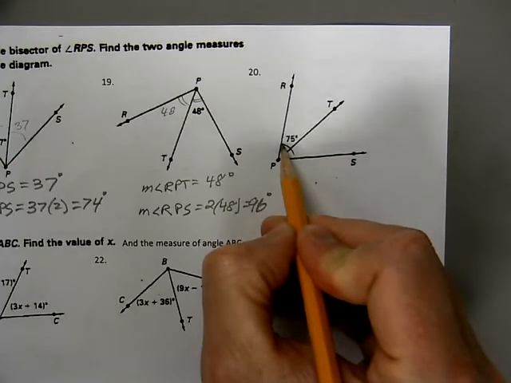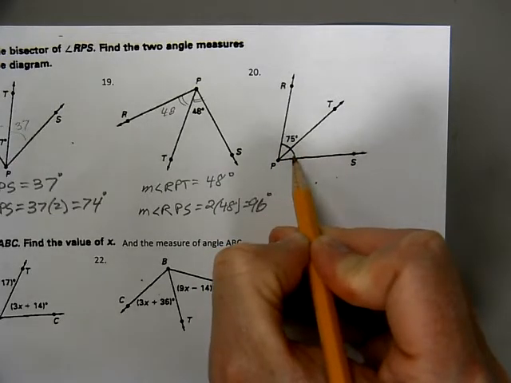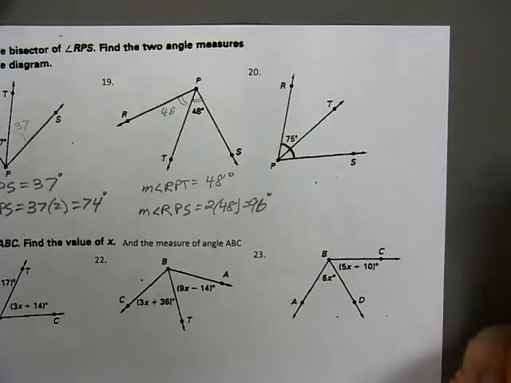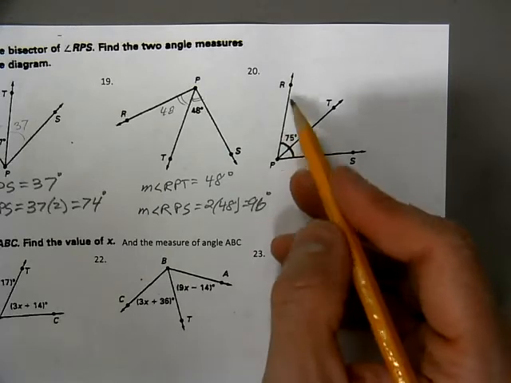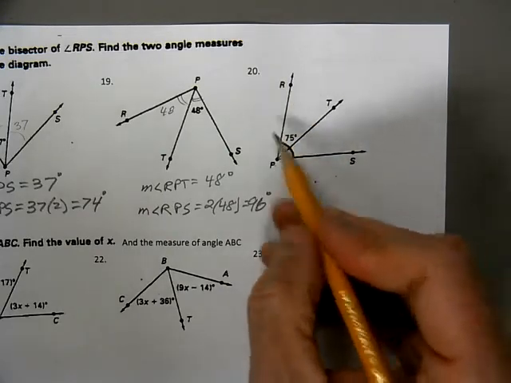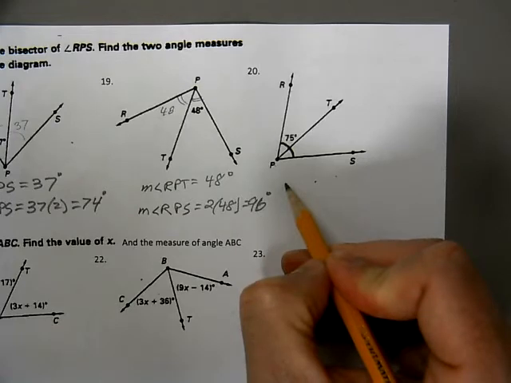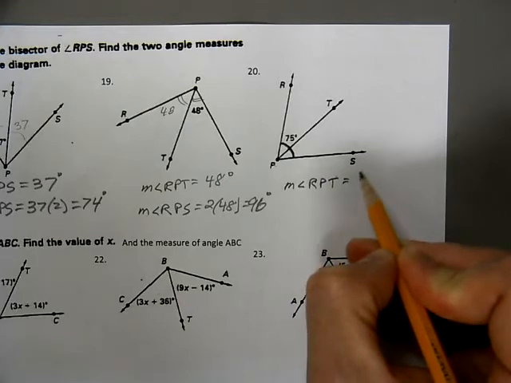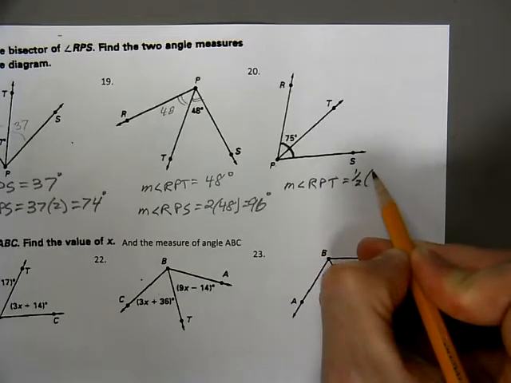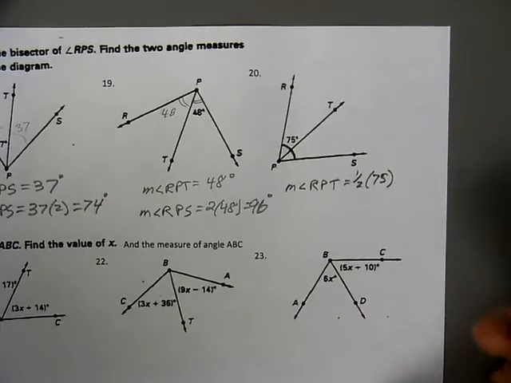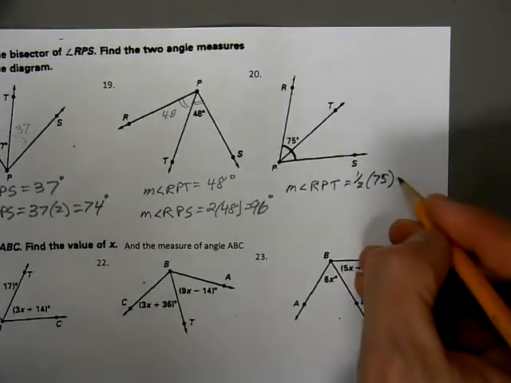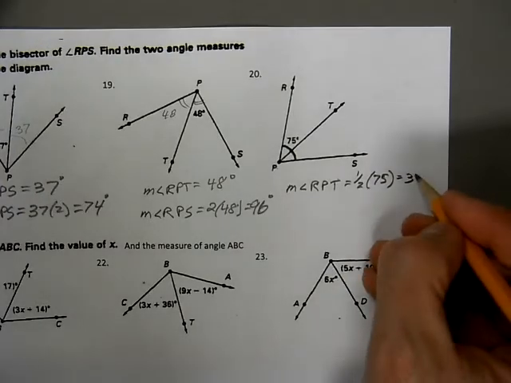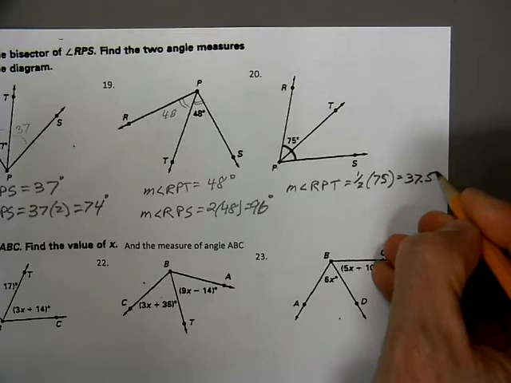So it looks like they're saying that 75 degrees is all the way down. Is the whole interior angle. That's the 75. Well, if RPS is 75, then the measurement of angle RPT equals half of 75, which is 37.5.